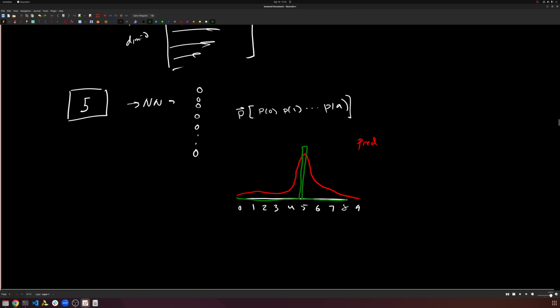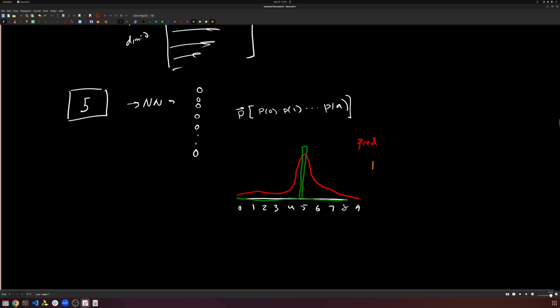So cross-entropy loss is actually just a measure of the discrepancy between these two distributions. My true distribution is 0 everywhere and 1 at 5, and the predicted distribution is this thing. And this discrepancy is also known as the KL divergence. We'll dig into this later, especially when we get into variational autoencoders in the future.